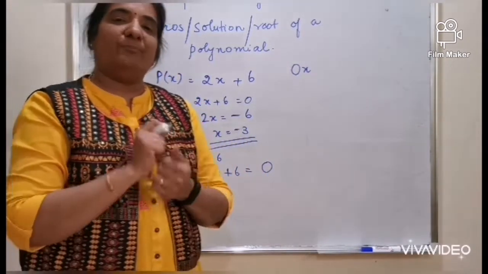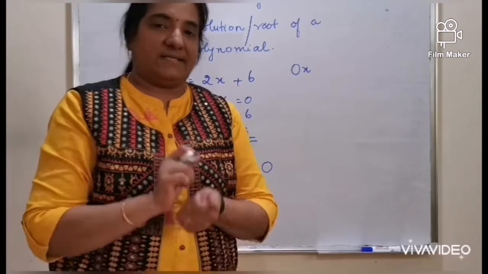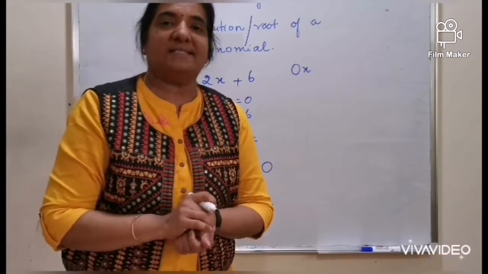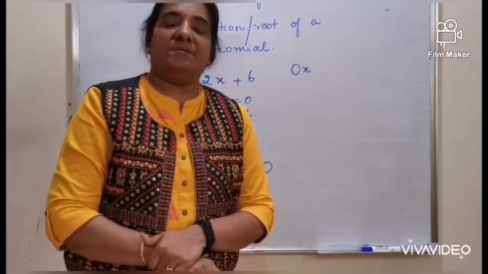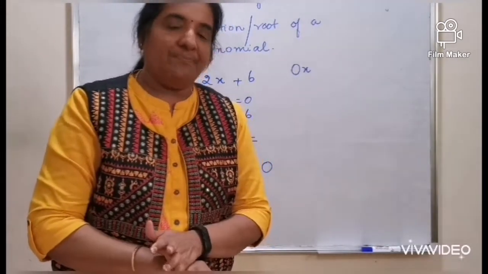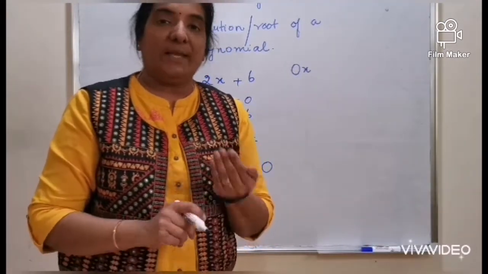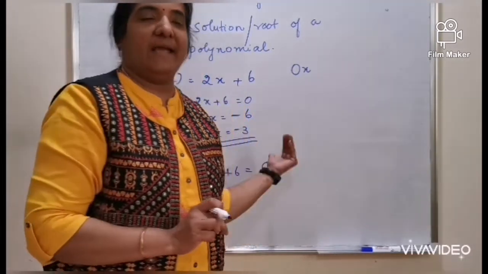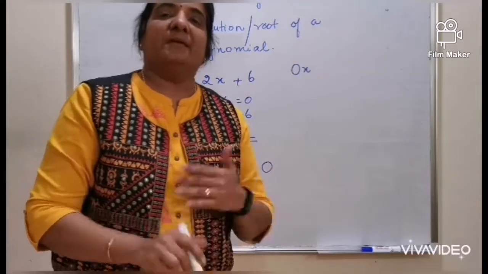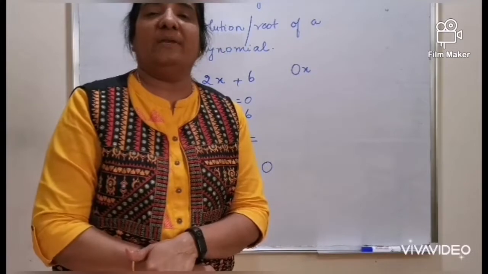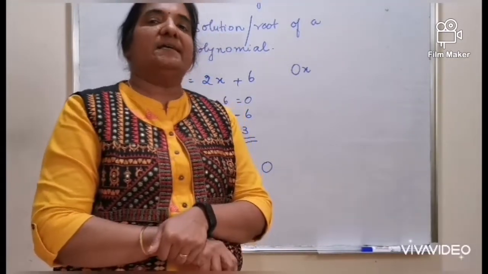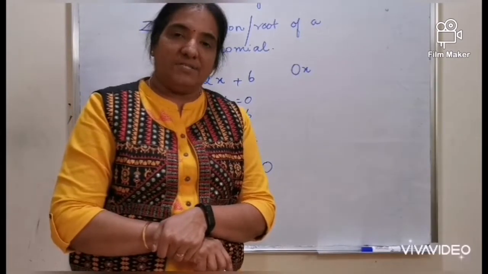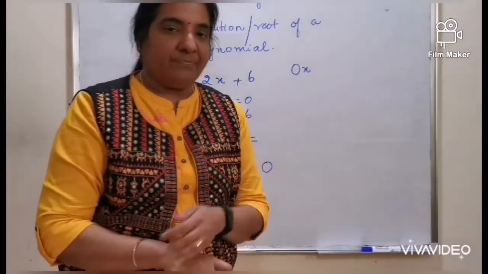A 0 polynomial means 0. So what is the definition of the 0 of a polynomial? The 0 of a polynomial is that value of the variable, it may be x, y, z, which makes the polynomial a 0 polynomial.